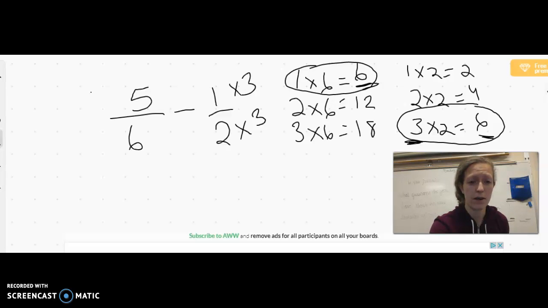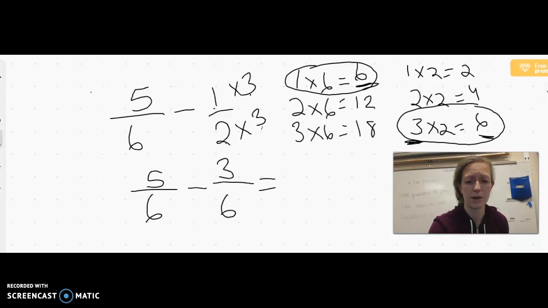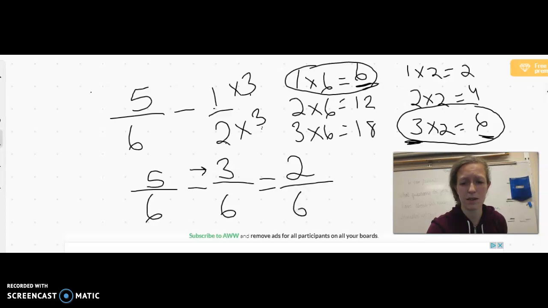So 5/6 minus 1 times 3 equals 3. 2 times 3 equals 6. Now I'm going to subtract. Bring these across. 5 minus 3 equals 2. And I keep my denominator the same. That's 6.